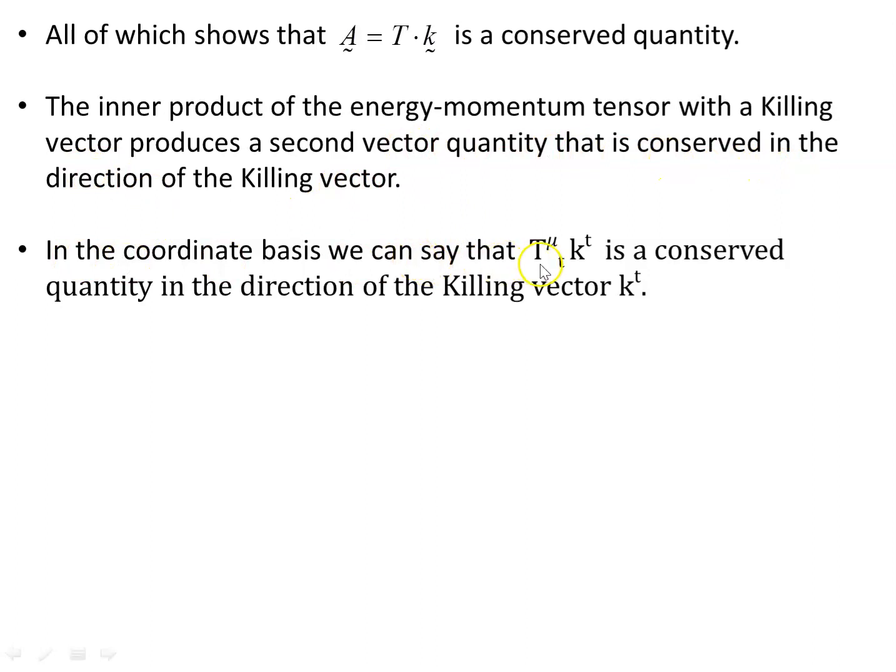In the coordinate basis, we say that T mu t kt is a conserved quantity in the direction of the Killing vector kt. All right, so there are conserved quantities in the direction of Killing vectors, not just the four-velocity or four-momentum, but even the energy momentum tensor itself produces a conserved quantity.